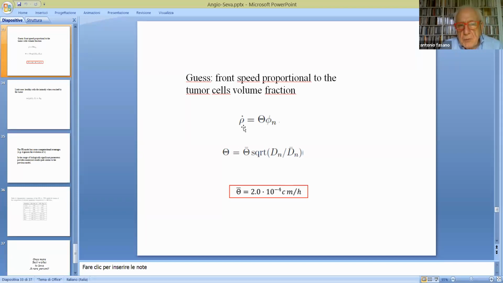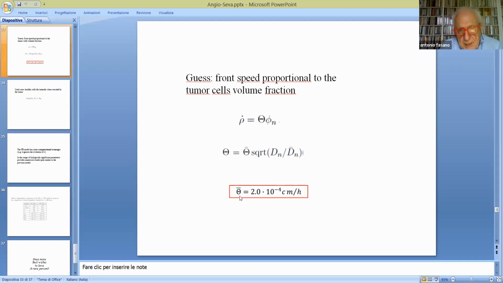So we just assume that the free boundary velocity is proportional to the local volume fraction occupied by the tumor cells, and because of what we have found previously about the square root behavior of the traveling wave velocity, this coefficient must have a square root dependence on the tumor cell diffusivity, and this is for the tumor cell diffusivity we have chosen for the previous calculation.